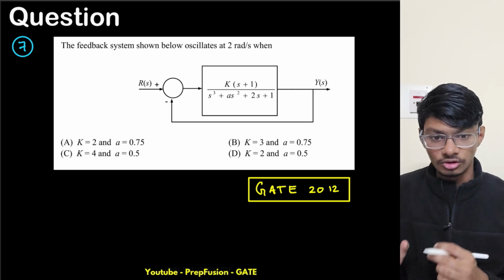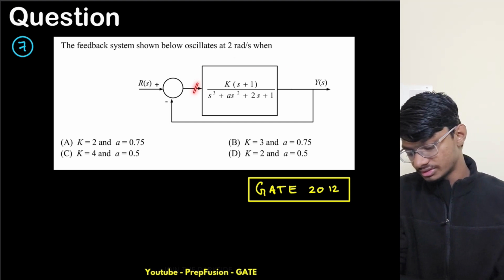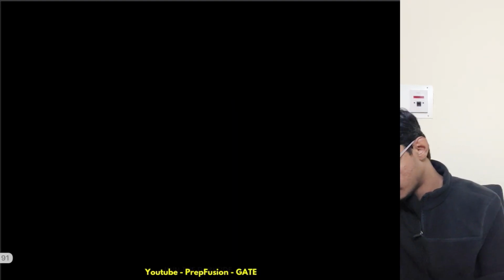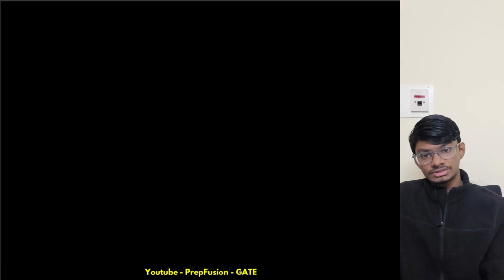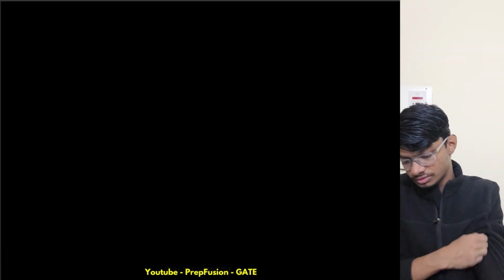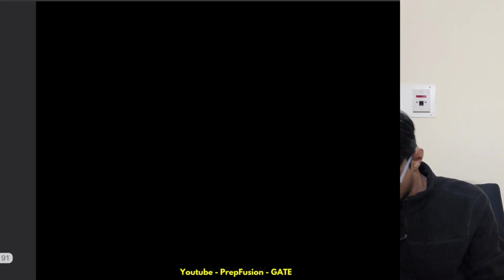So let's solve this one, then we'll understand. So obviously this is the OLTF. We have to first find the CLTF, right? So method one is basically by checking the options. We will have multiple methods for this one. So method 1 is by simply checking the options.